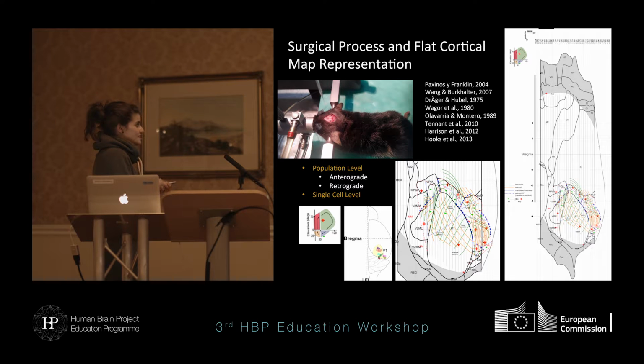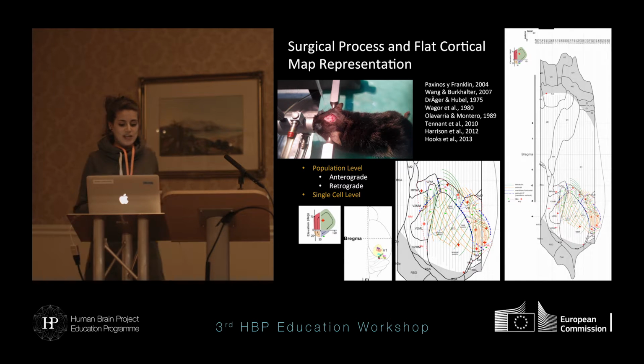Here is bregma, which is the medial part of the hemisphere, and here would be the lateral part. And we use this map to represent the axonal terminal fields in the cortex. So here there's a magnification of V1, primary visual cortex, and secondary visual cortex with the retinotopic map, because it's the main target of the neurons that I am studying.